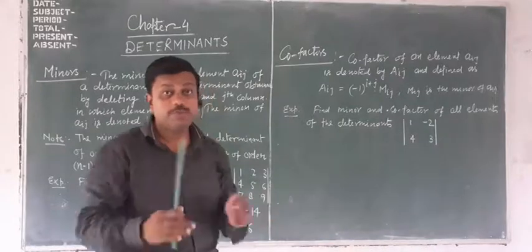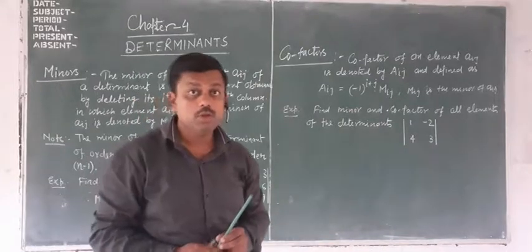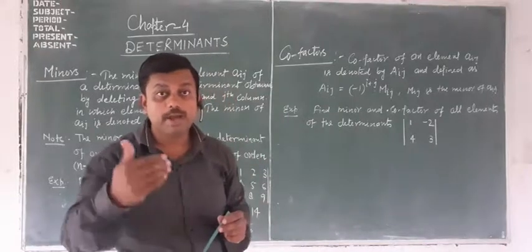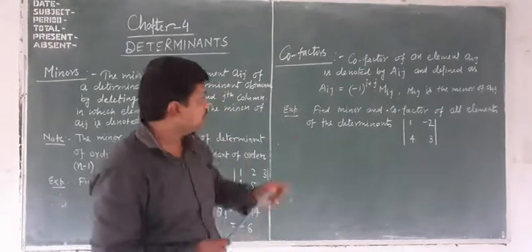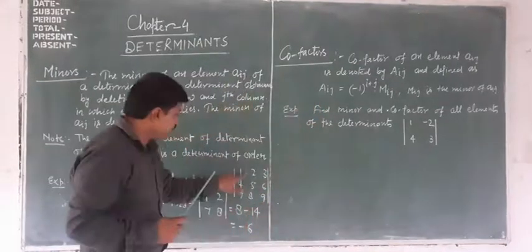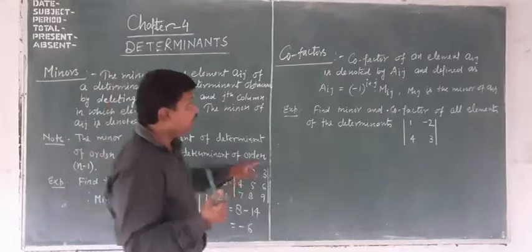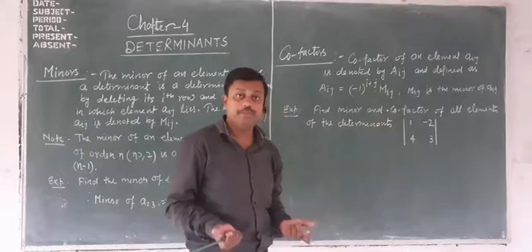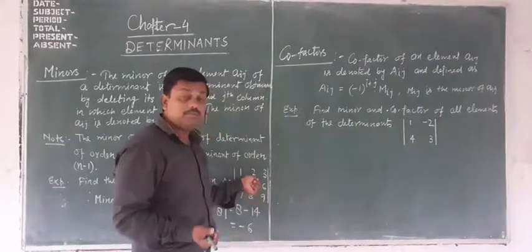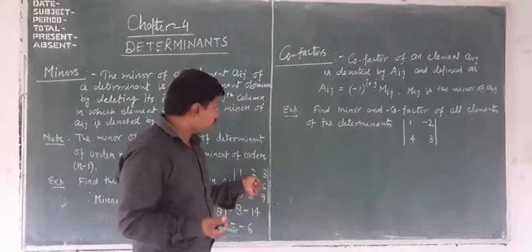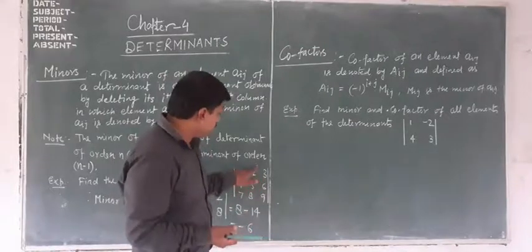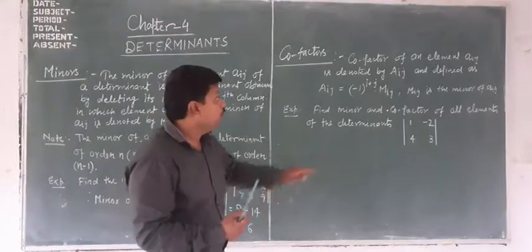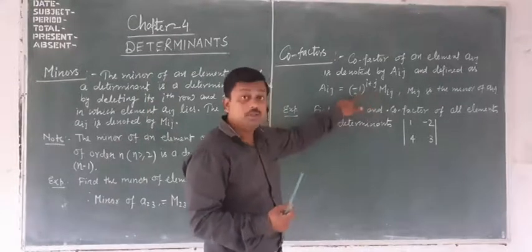So what is the difference between minor and cofactor? In the minor, if we apply plus or minus signs, for the first element a11, i is 1 and j is 1, so minus 1 power 1 plus 1 is 2, positive. For the cofactor of the second element, a12, first row second column, minus 1 power 1 plus 2 is minus 1 power 3, so this is negative.